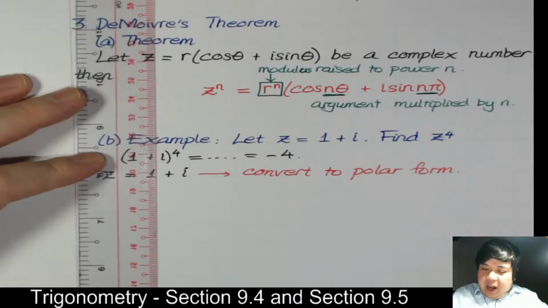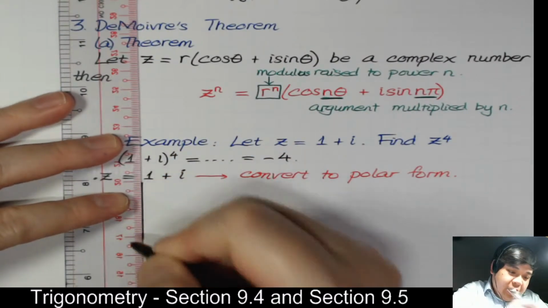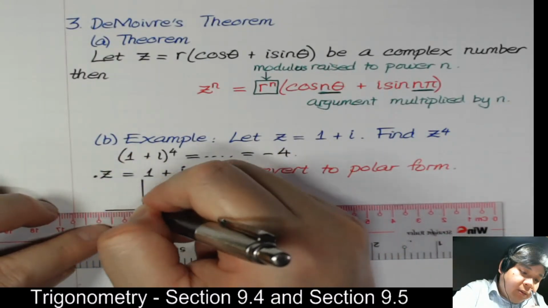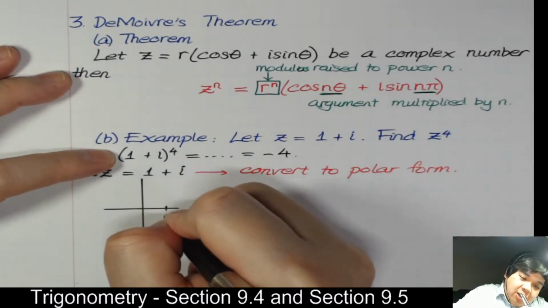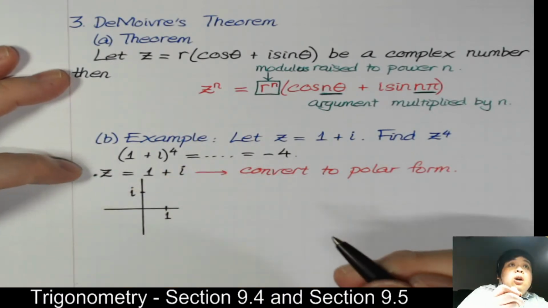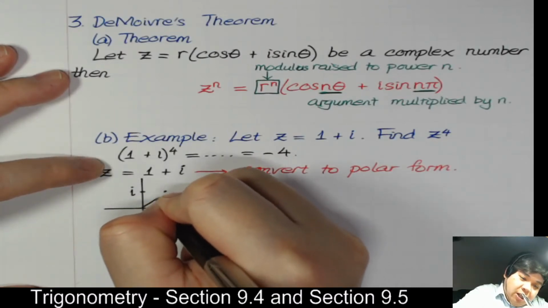It's always helpful if we draw the point out. This one is 1 on the x-axis and 1i on the imaginary axis, and 1 plus I is this.